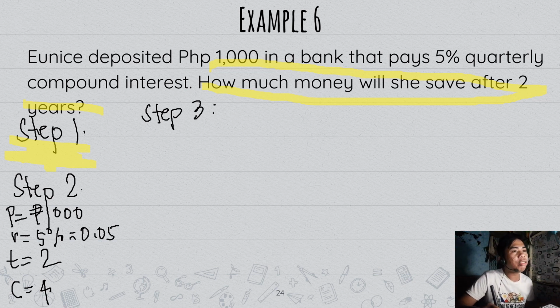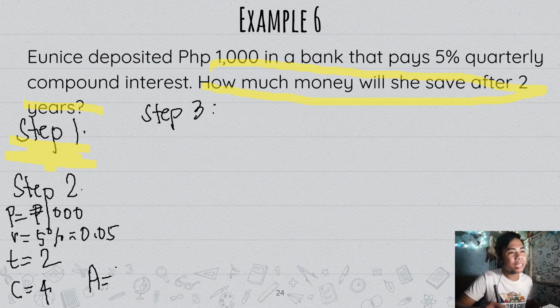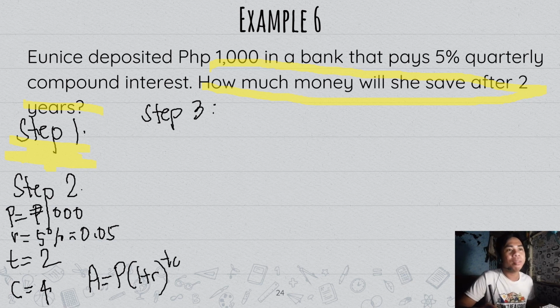Okay, step 3. We need to substitute all the given in the formula. By the way, we forgot to write our formula in step number 2. So A, the amount, is equal to P times 1 plus R raised to TC.